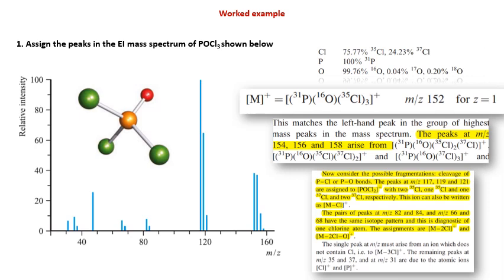Now you can see that this matches the left hand peak in the group of highest mass peaks in the mass spectrum. If you look carefully, you will see that 152 is there in the mass spectrum.